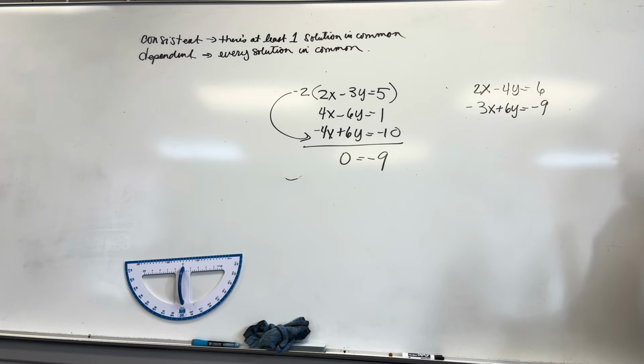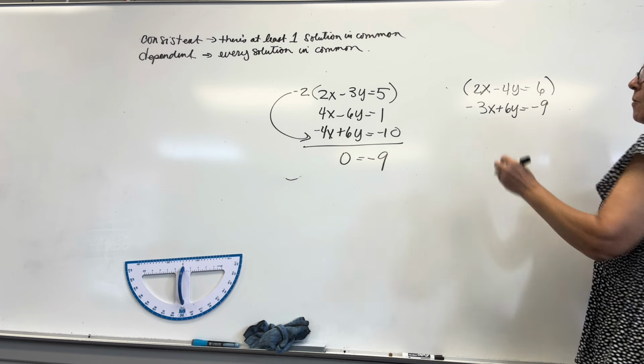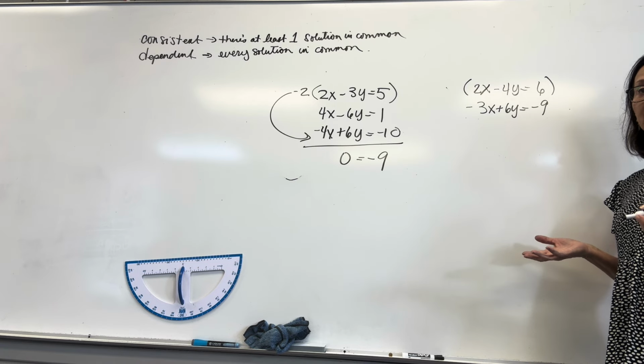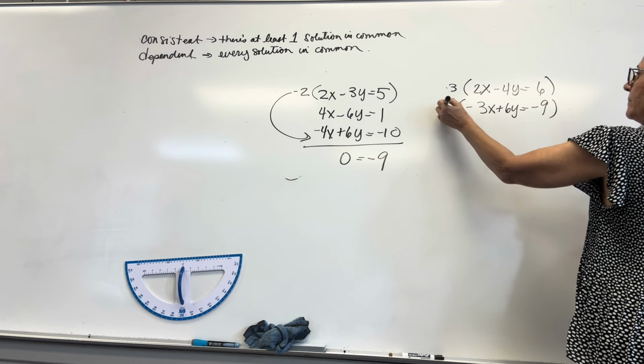Do you want to eliminate x or y? Okay, we'll eliminate y. So I want to make y 12. That's the least common multiple. So multiply this one by 3 and this one by 2.